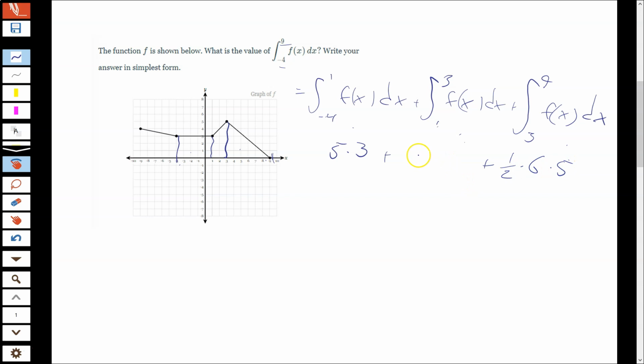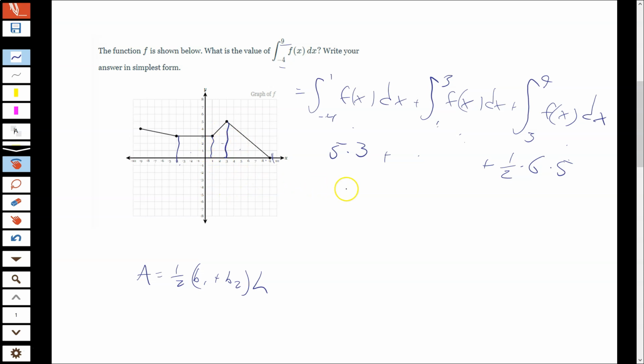Okay. For this guy, we're going to use the area of a trapezoid formula. So area of a trapezoid is 1/2 b1 plus b2 times the height. The two bases are the two different length sides here, and then the height is going to be horizontal in all these examples if you draw a trapezoid like that.